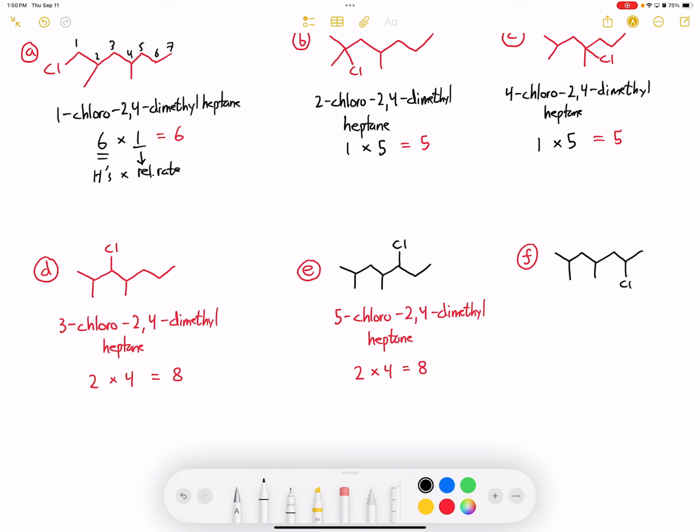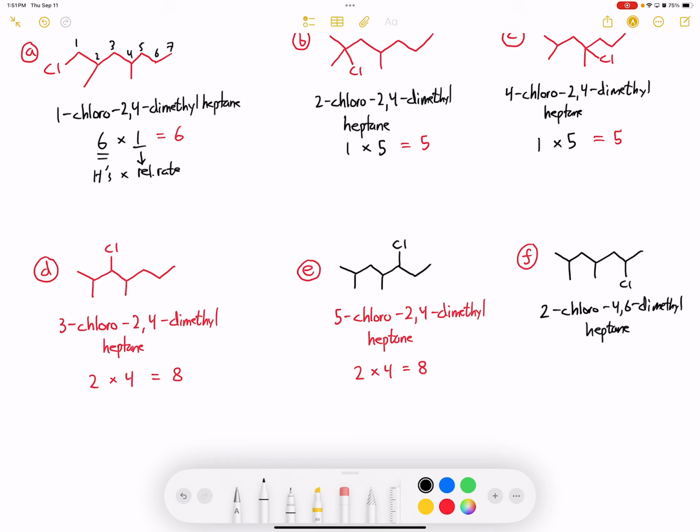And that's because chlorine, if we look at one end, methyl's at 2. At the other end, we switch the numbering. Chlorine's at 2. So we have to use the alphabet to decide which way to number our compound. Good. So we're going to get now 2-chloro, 4,6-dimethyl heptane.